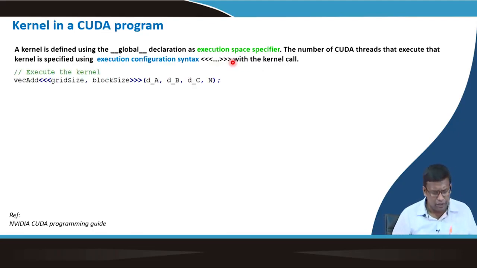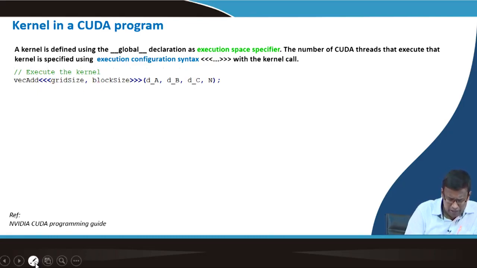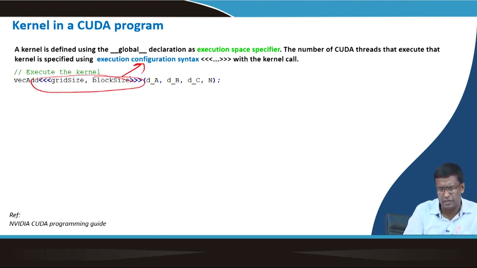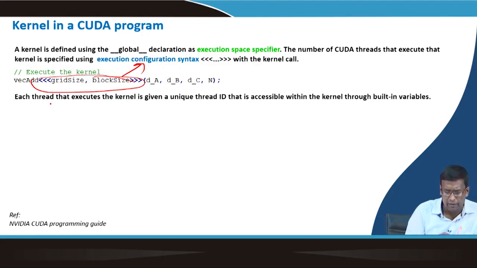If we look into the program, when we call the function vecAdd with grid size, block size within the brace, and pass the variables, this becomes the execution configuration syntax, which specifies how many threads will be running. Each thread that executes the kernel gets a unique thread ID, which is accessible in the kernel through built-in variables.